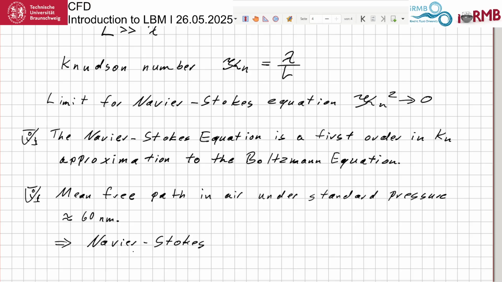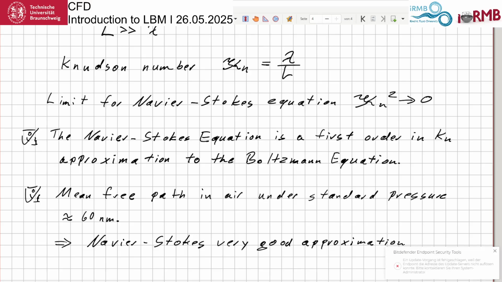Navier-Stokes is a very good model for many engineering problems.